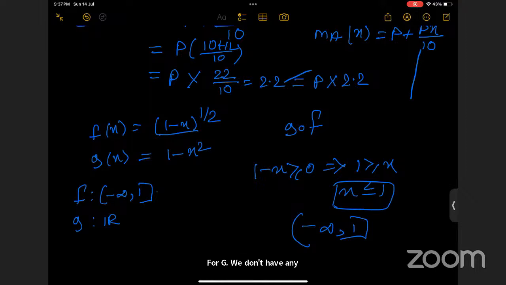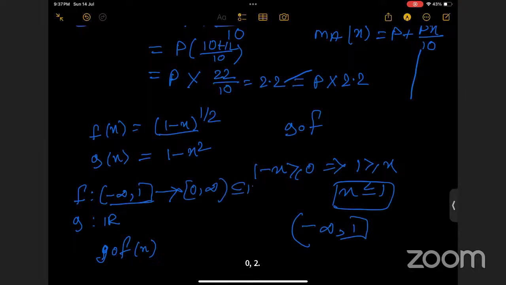So we need to check the domain. What is g composed with f of x? If we take this value, what will be the range of this one? This is 0 to infinity, right?